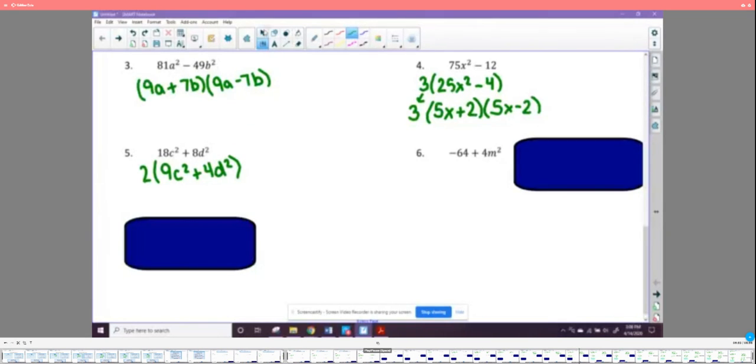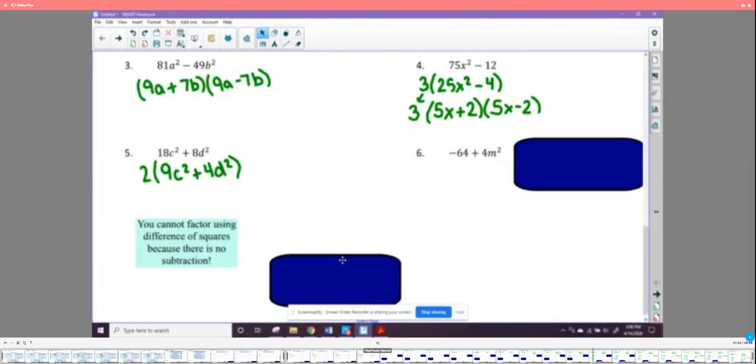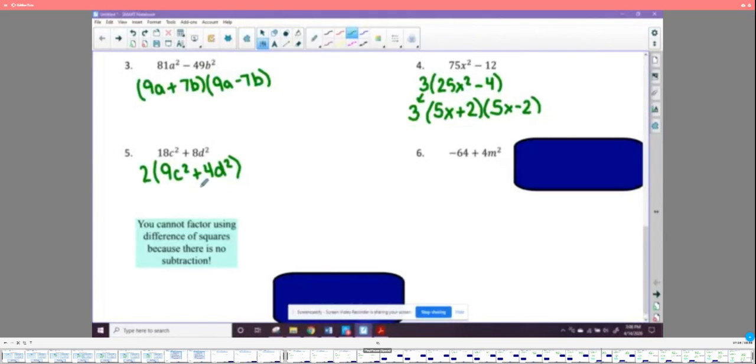Do we have a difference of squares problem? We do not, because we cannot factor because there is no subtraction. This right here is addition. So this is as far as we can factor this lovely problem.